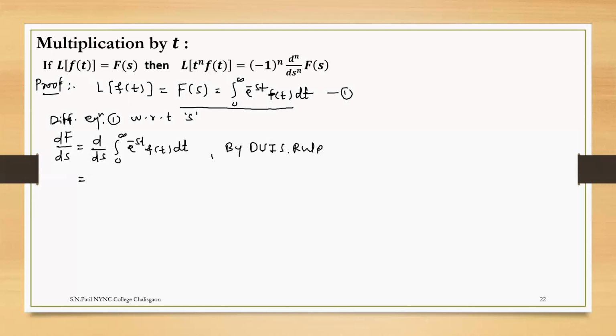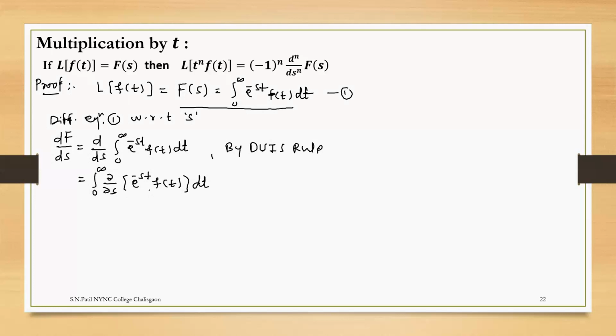DUIS rule means differentiation under integral sign rule. When the derivative comes under the integral, it becomes a partial derivative, partial with respect to s of e raised to minus st f of t. In the differentiation under integral sign rule, the limits are constant, so we only differentiate the integrand.